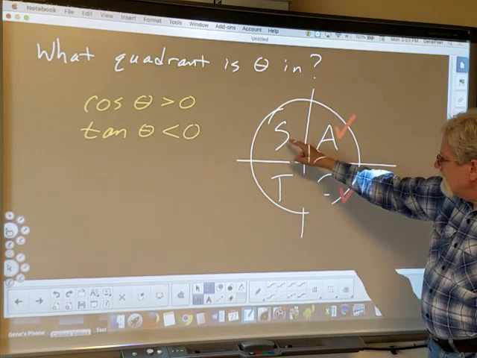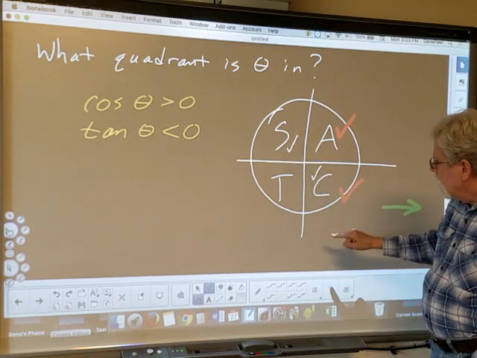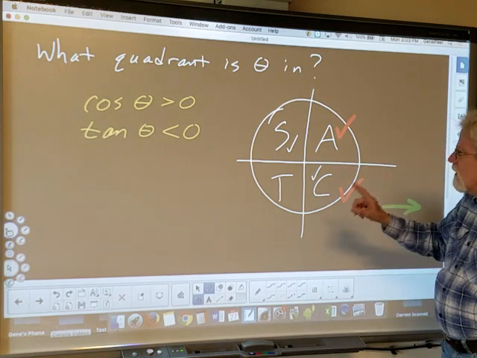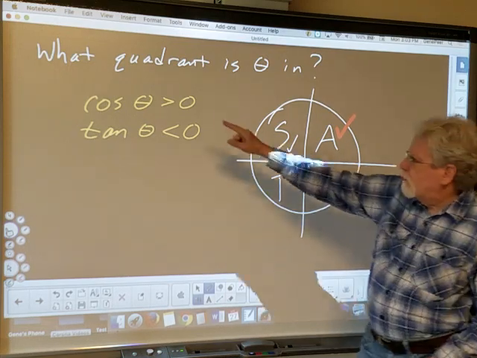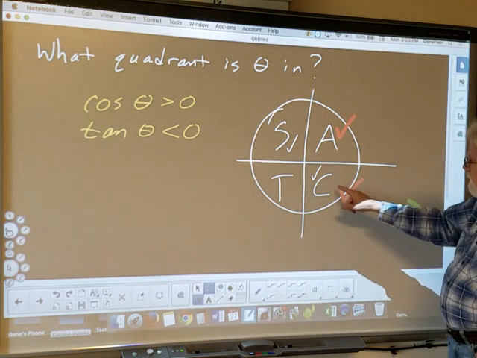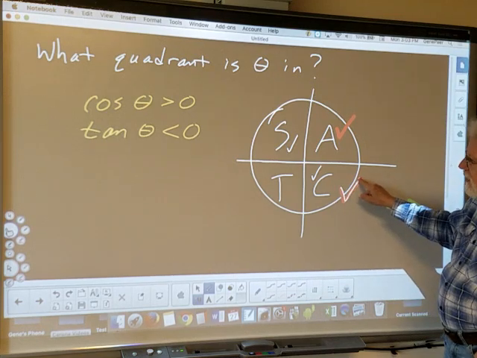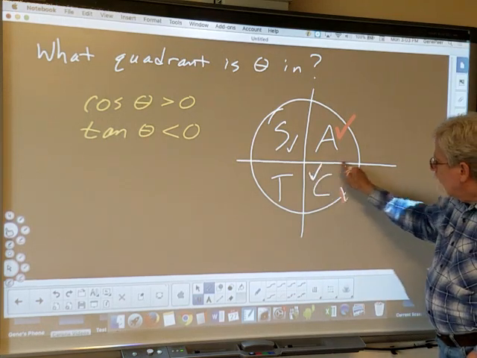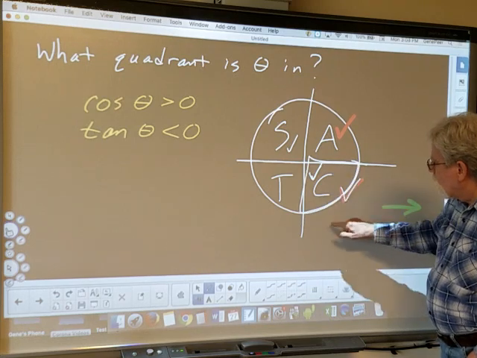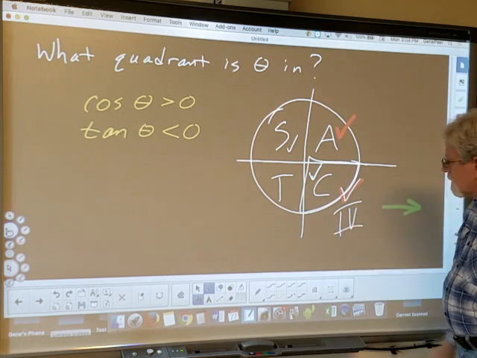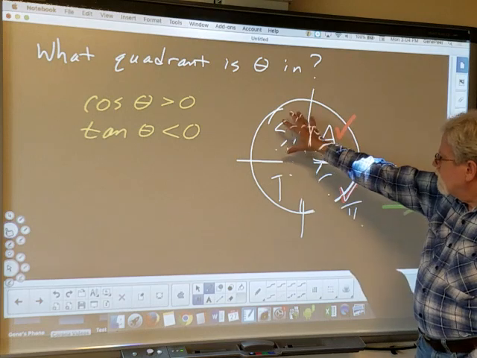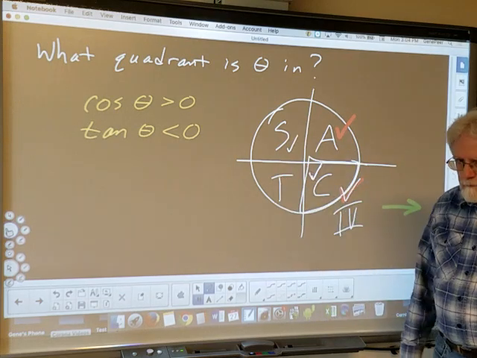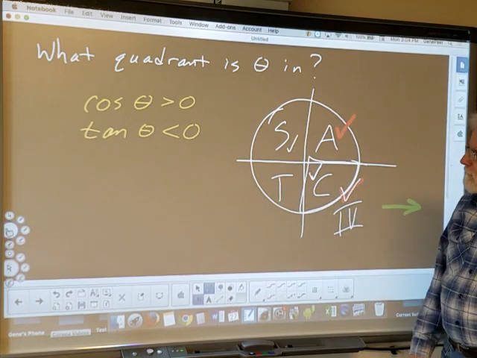Tangent is going to be negative here and here. Aha, who gets 2 check marks? The only quadrant that satisfies both of these, where both the cosine is positive and the tangent is negative, we have to be in the fourth quadrant. Remember the numbering system? 1, 2, 3, 4. We're in quadrant 4.